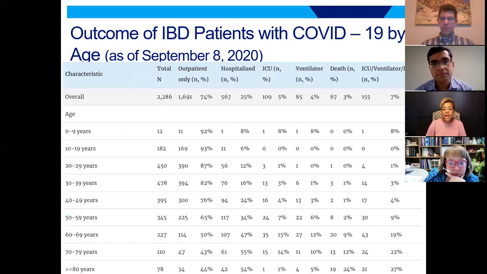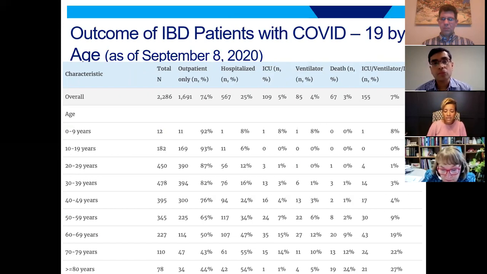This is just a snapshot of what the Secure IBD Registry looks like as of September 8th. I had mentioned that there were 192, a little bit more, kids who were diagnosed with COVID-19 who also have inflammatory bowel disease. And so this comes from this particular registry.